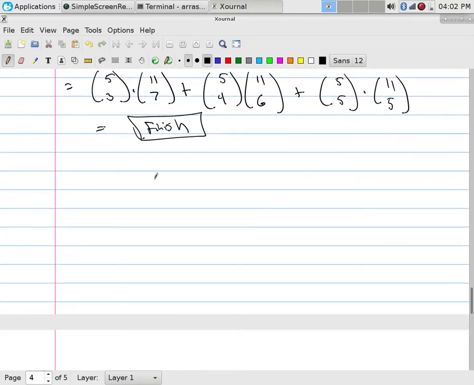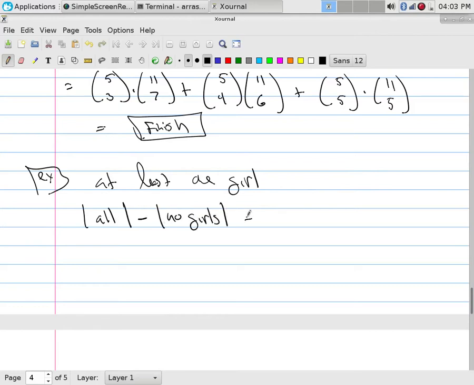On the other hand, it would probably be easier if I said things like at least one girl. I could do exactly 1, exactly 2, exactly 3, exactly 4, exactly 5, but I don't want to. This would be the same thing as all minus no girls. Well, what's all? That is 16 choose 10, minus what's no girls? Well, 11 choose 10.